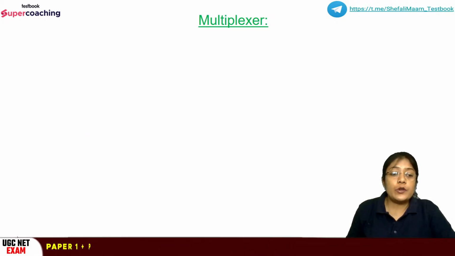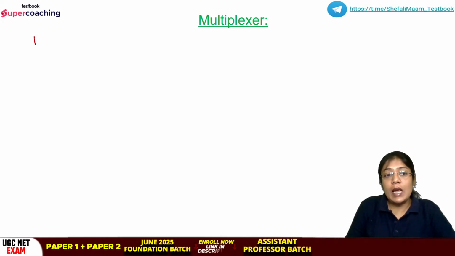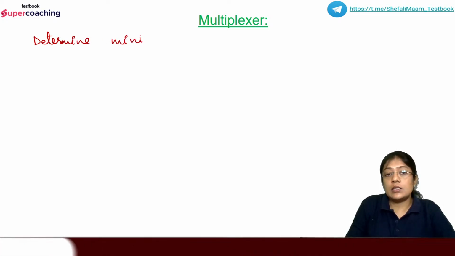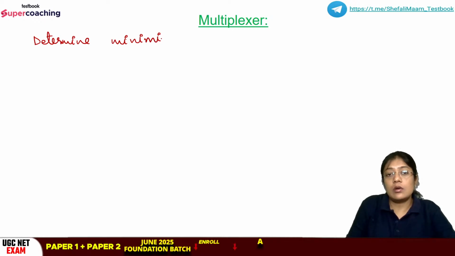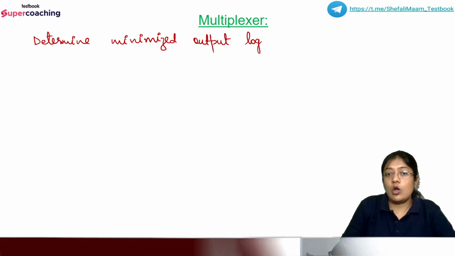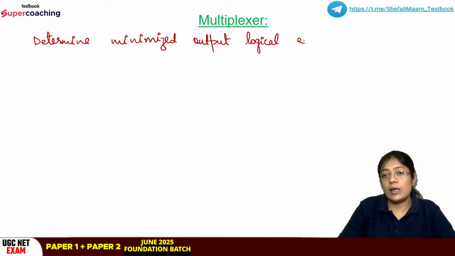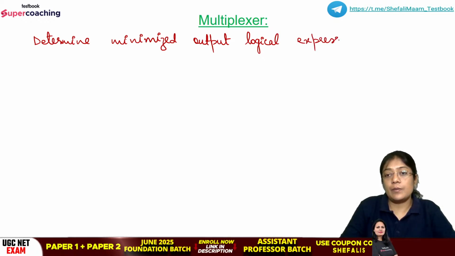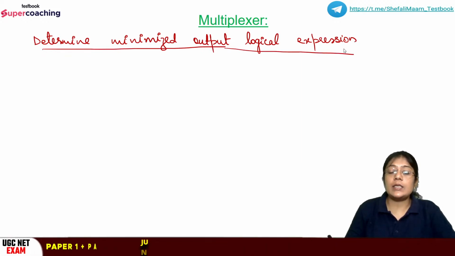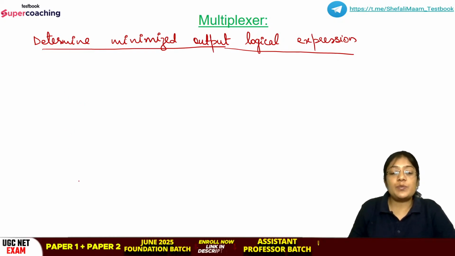So for the fourth type of question, they may ask to determine the minimized output logical expression. That means we will be given with some multiplexer. आपको simplified expression return करना है.